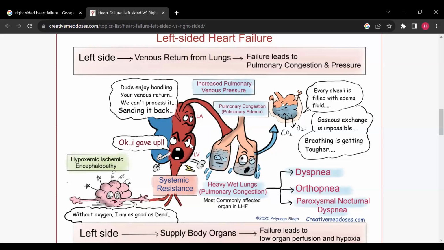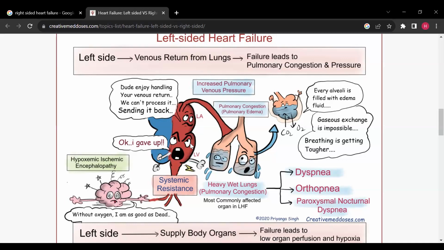In left-sided heart failure, we know the left side is the one that pumps oxygenated blood to the rest of the body. But now that the left side is not working properly, the blood backs up into your lungs, the venous return from the lungs. There is pulmonary congestion and pressure.